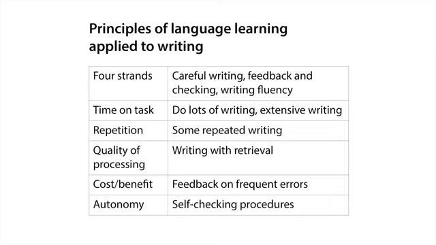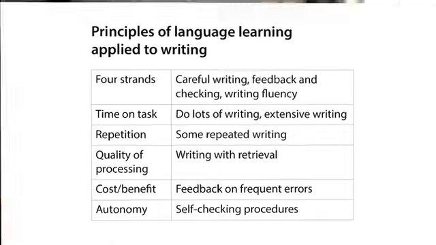The second principle is the time-on-task principle. The time-on-task principle simply says, if you want to get good at writing, do more writing. So it's important that about half of the meaning-focused output strand involves writing, and 1/4 of the fluency development strand involves writing.